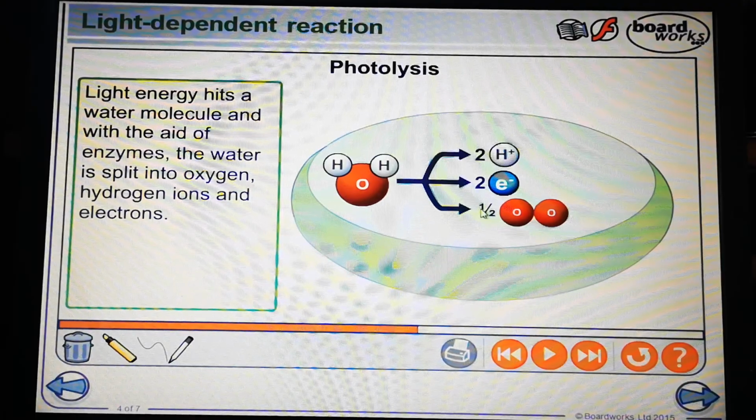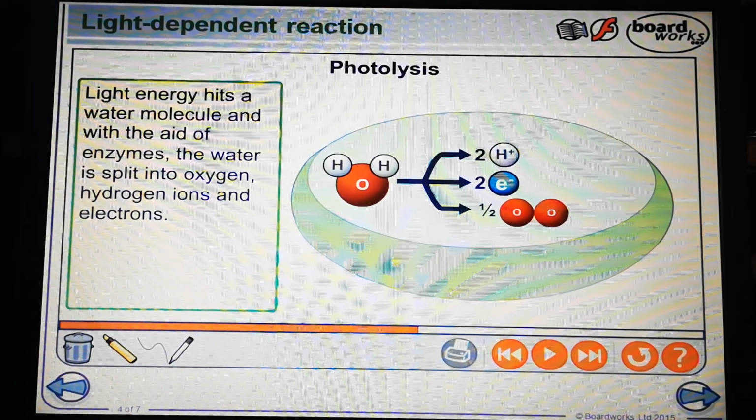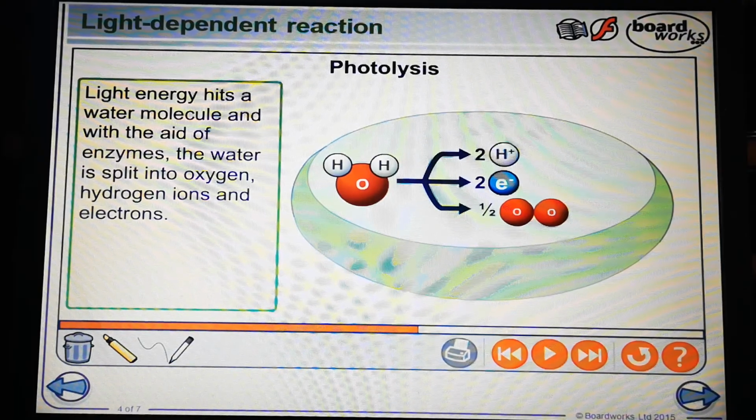Now the reason we have it as half O2 is because there's only one oxygen there. Oxygen doesn't exist as just a single atom because it's so volatile. So it will quickly combine with another oxygen, because you've got to remember that there's loads of water molecules in this thylakoid lumen, so it'll be happening not just to one but to several.